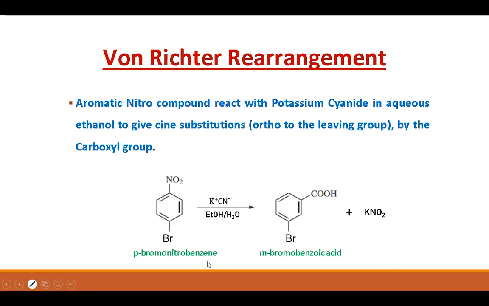The reaction below shows the classic example of the conversion of para-bromonitrobenzene into meta-bromobenzoic acid. When aromatic nitro compounds are treated with cyanide ion, the nitro group is displaced, and a carboxyl group enters with cine substitution. The new group is always ortho to the displaced group, it is never meta or para.